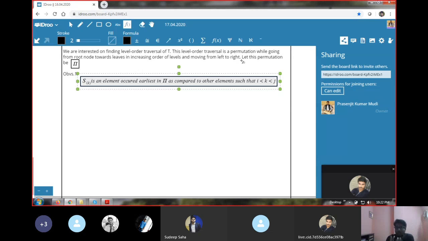Now what we are doing, how to find such a permutation pi, which is the level order traversal. Okay, so in the permutation we assume that the first element which will be occurring, that is sk, and sk is having the rank between i and j. Assume this. Okay, so sk is this.